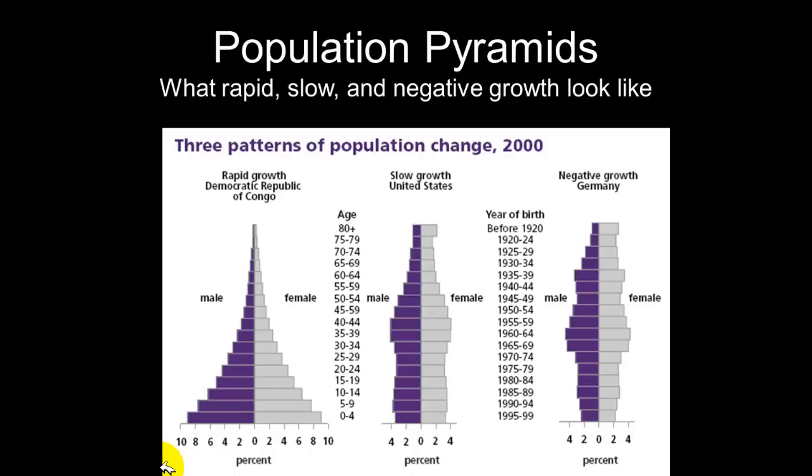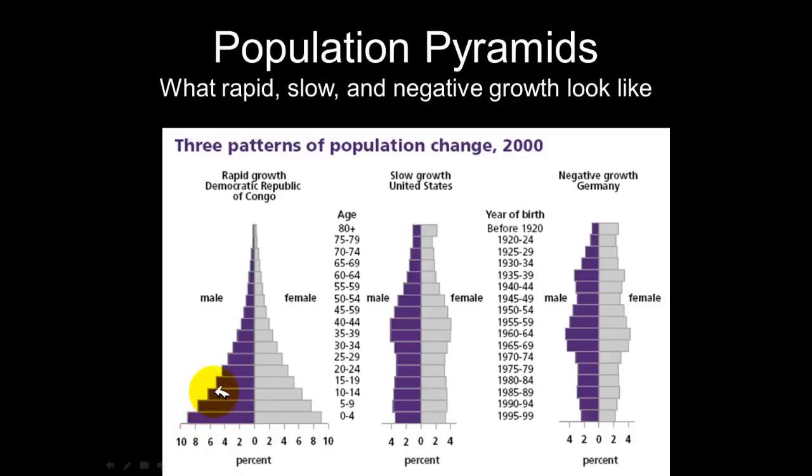Now, what this graphic shows us is rapid growth. If you have a very large growing population, this is what it would look like with the population pyramid. This is an example using the African nation of the Congo. What you would see with a rapidly growing population is something that looks pretty much like a perfect pyramid. A lot of people at the bottom, which means very, very young people.